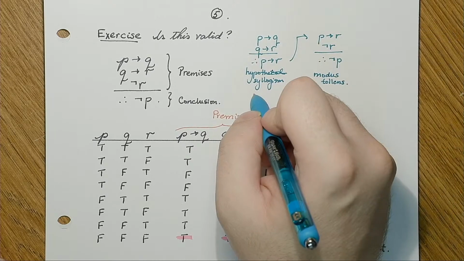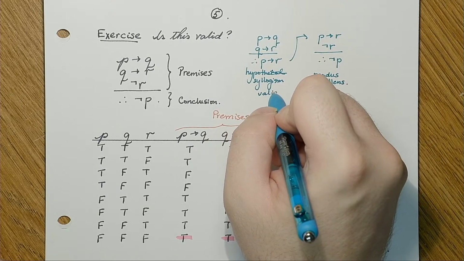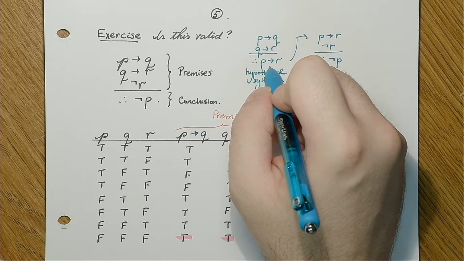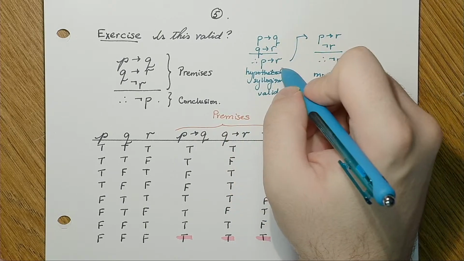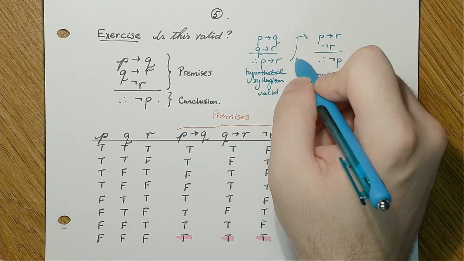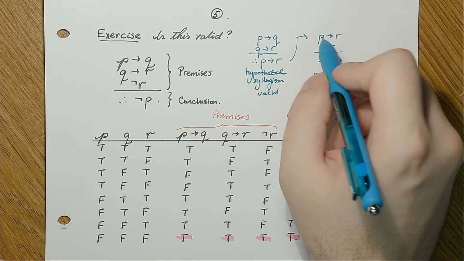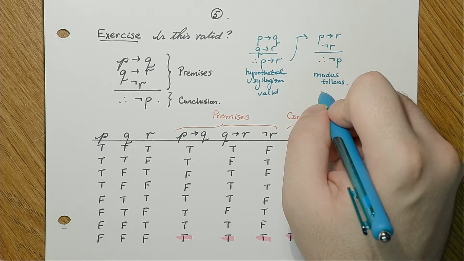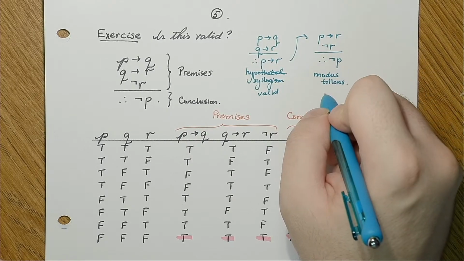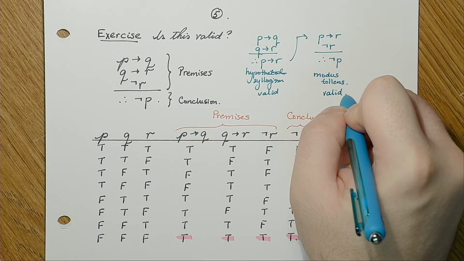And so this is a valid argument, so I knew that this conclusion from P implies Q to Q implies R was going to be true. I passed this into modus tollens. Again, this is true, and I would be generating a true conclusion as well. So I also knew that this is valid as well.